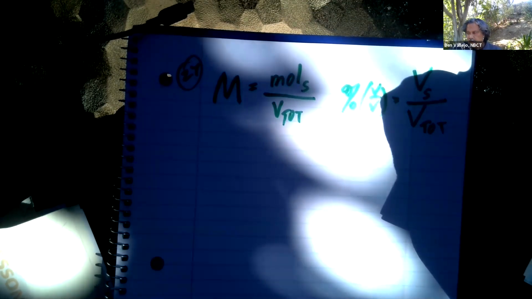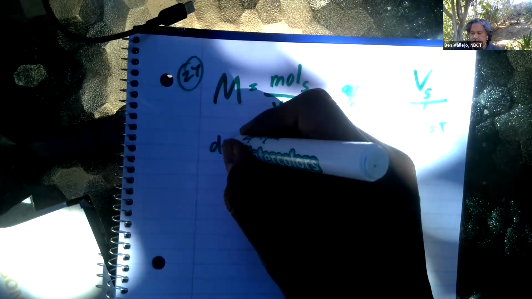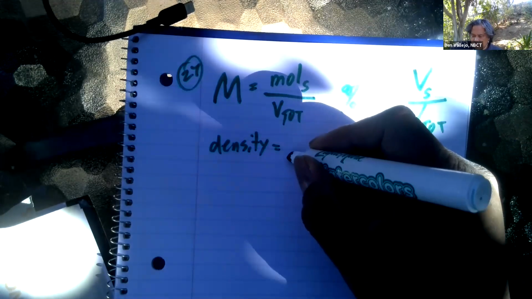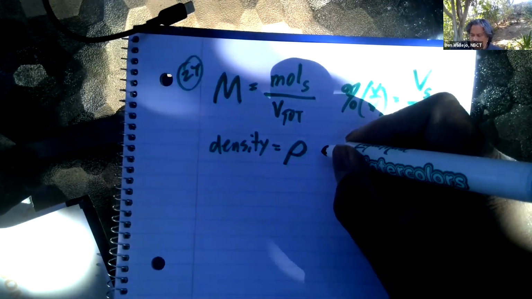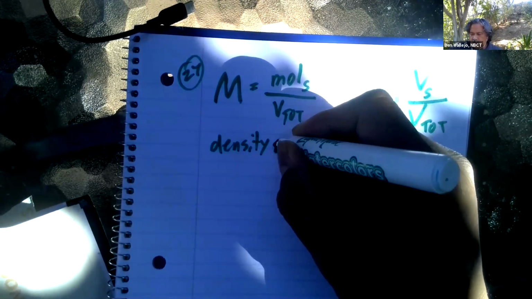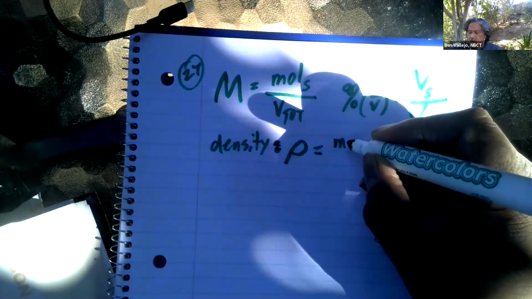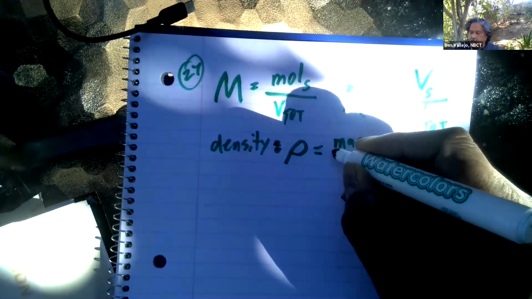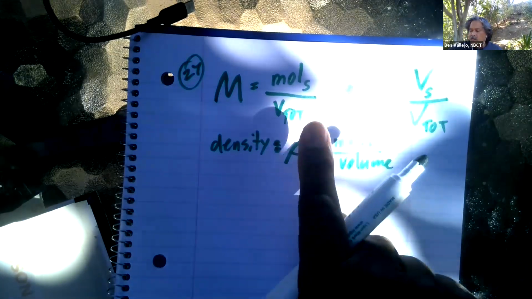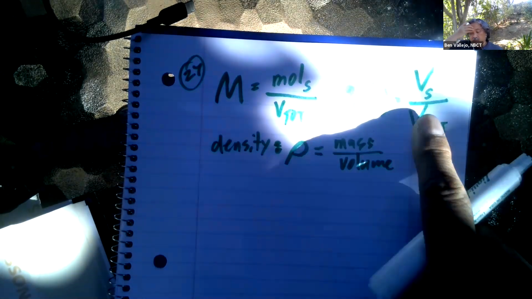Another factor you would need is density, which is abbreviated with the Greek letter rho. The formula for density equals mass over volume. So if you knew the density and the molar mass, you can go from moles of solute to volume.